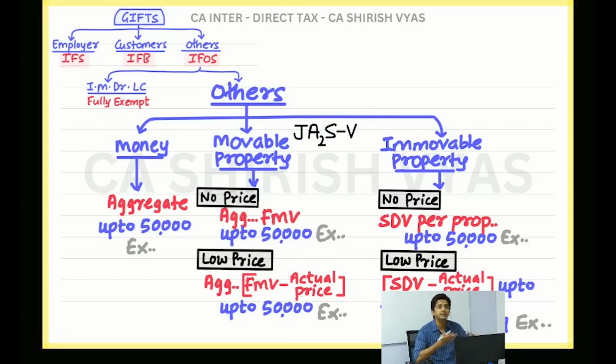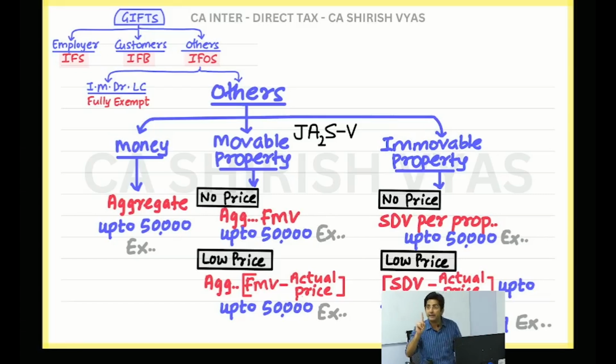See, mobile is easily available. But if you find some 1,000 years old thing, which is not seen in today's market, it becomes precious. They are called archaeological collections. Wait, what I am explaining, only these items are taxable. That means if you get a gift of anything other than Jasvi, not taxable.